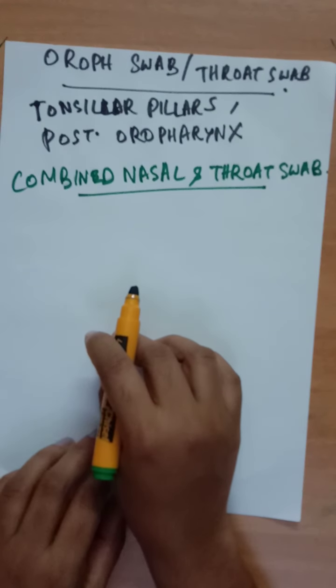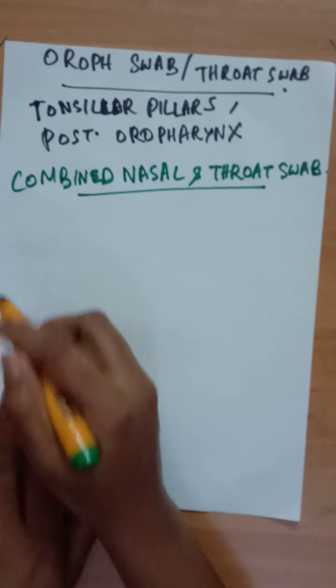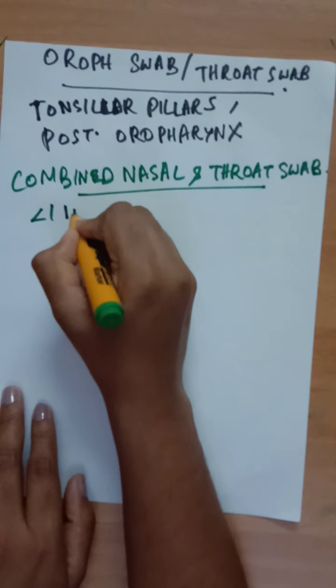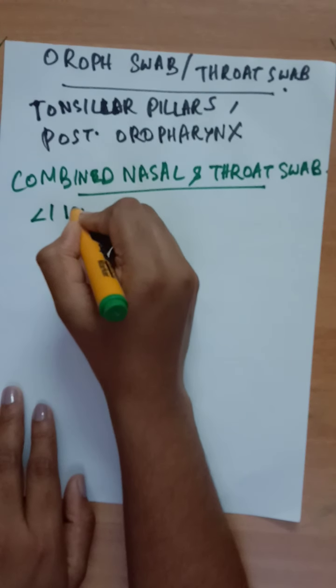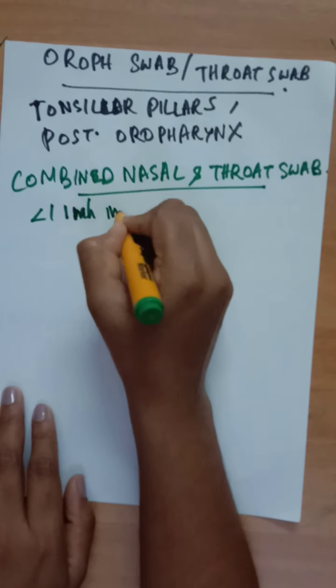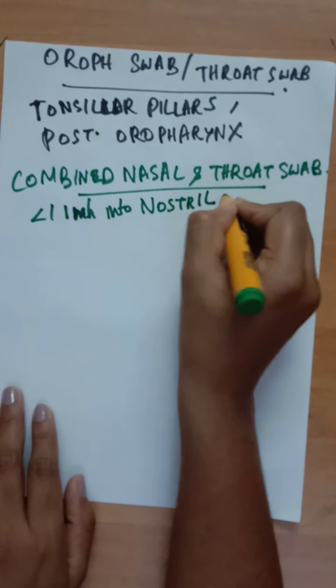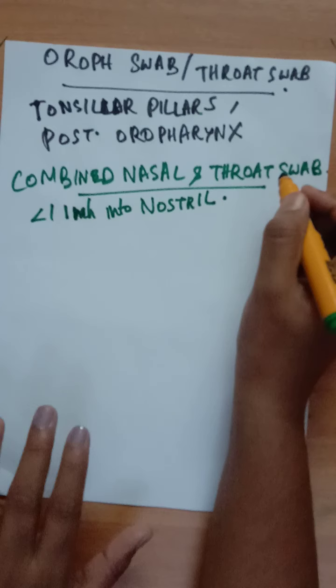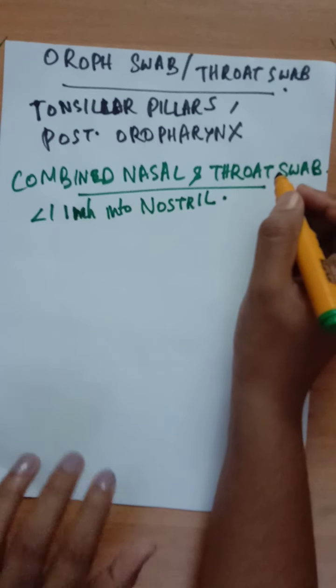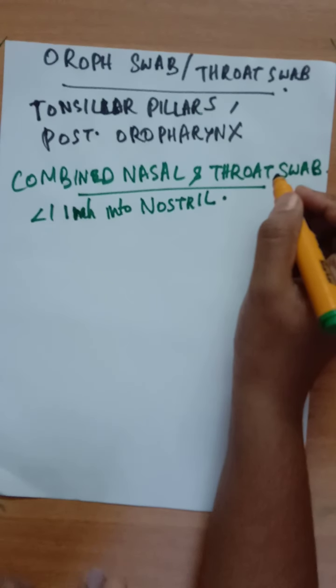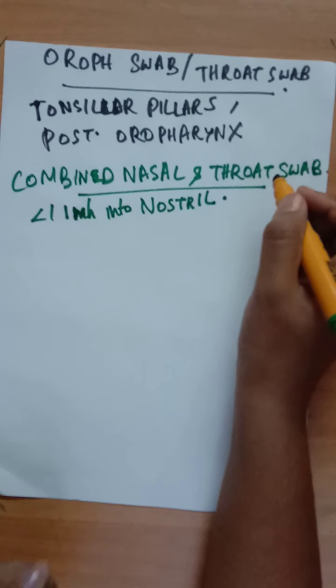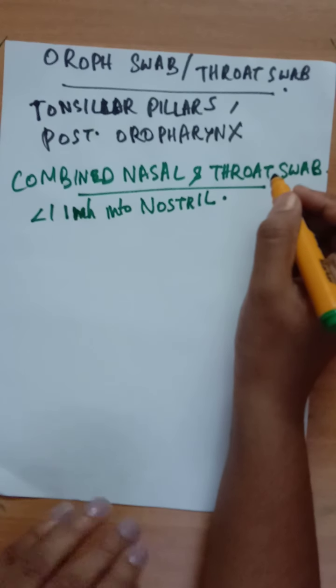Insert the swab less than 1 inch into the nostril, that is until resistance is met at the turbinates. Rotate the swab several times against the nasal wall and repeat in the other nostril using the same swab.